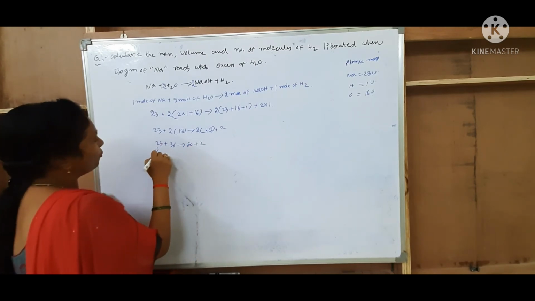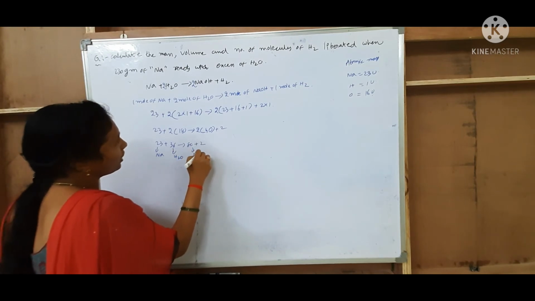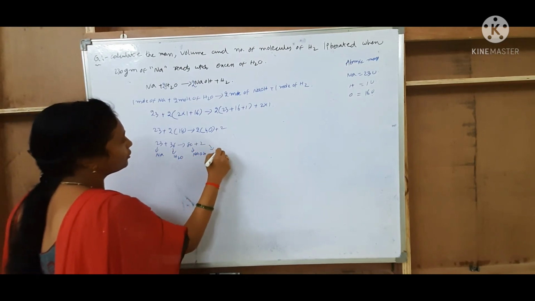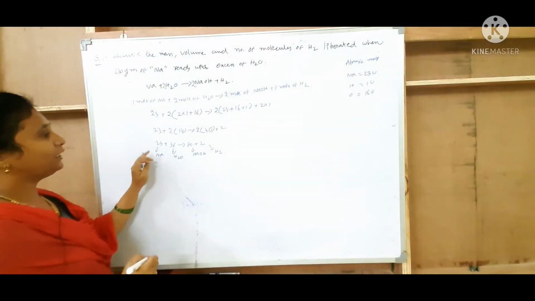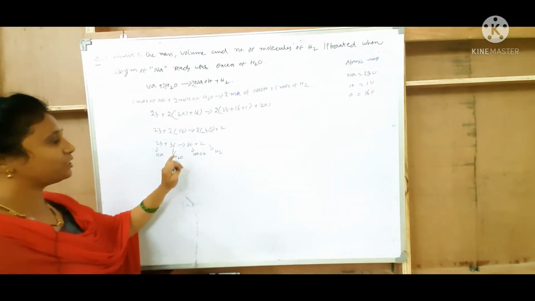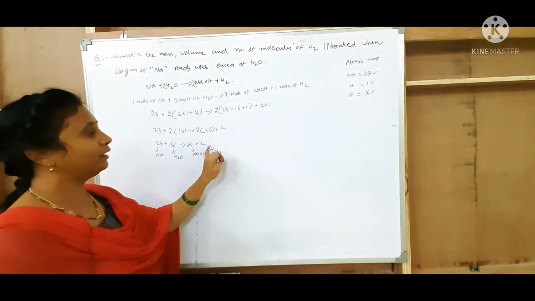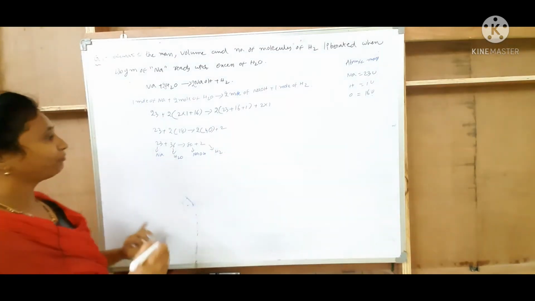This is for sodium, this is for H2O, this is for NaOH, this is for H2. So 23 units of sodium mixed with 36 units of H2O gives 80 units of NaOH and 2 units of H2.